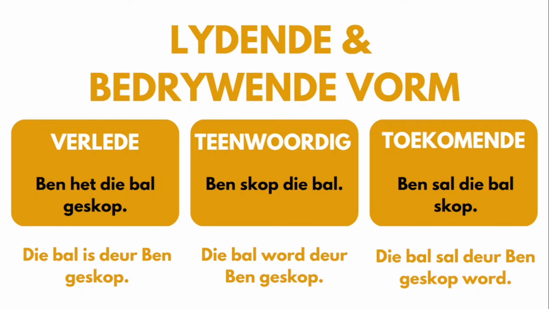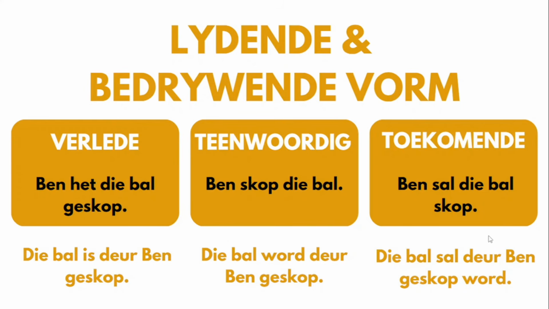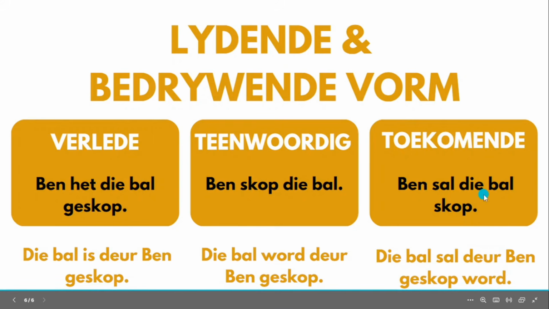Okay, now, toekomende tyd, future tense: Ben sal die bal skop. Same applies. Die bal, then you have to identify that it's a future sentence. Sal, and then later word, meaning you shouldn't forget the word later, okay? So sal, and there's word at the end of the sentence.